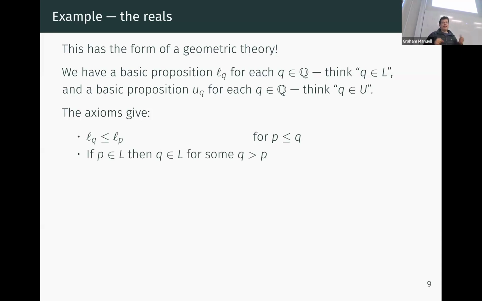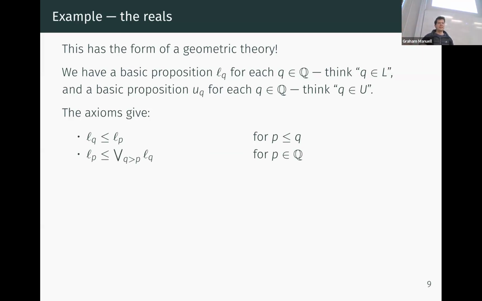The next one says, if P is an element of L, then Q is an element of L for some Q greater than P. So how do we do this? Well, we're saying if LP holds, then if you take the join over all Q greater than P, then some LQ should hold.